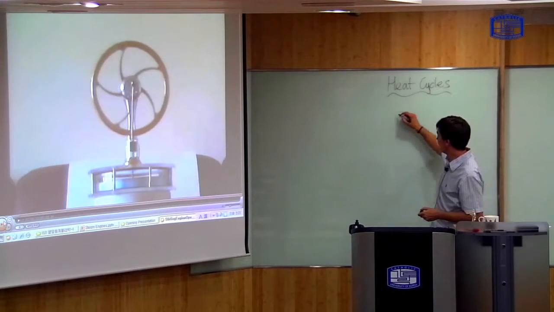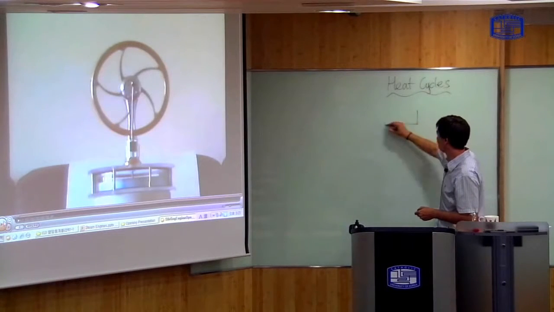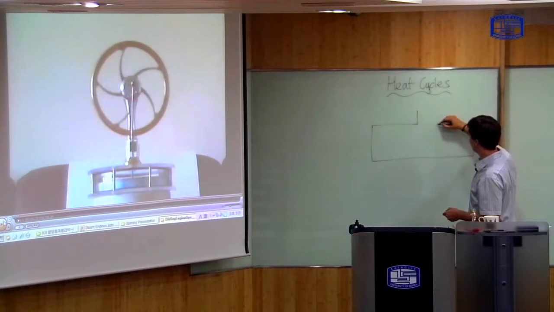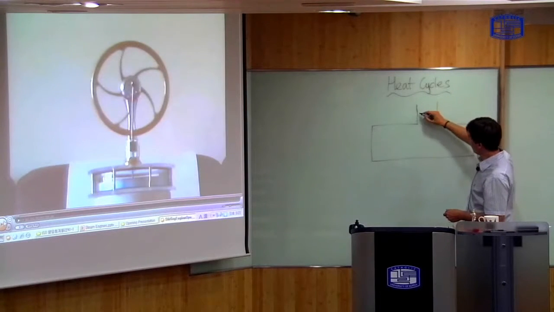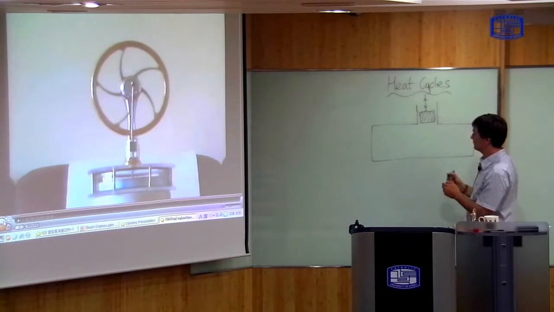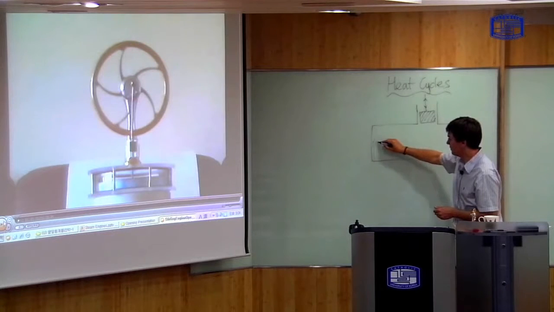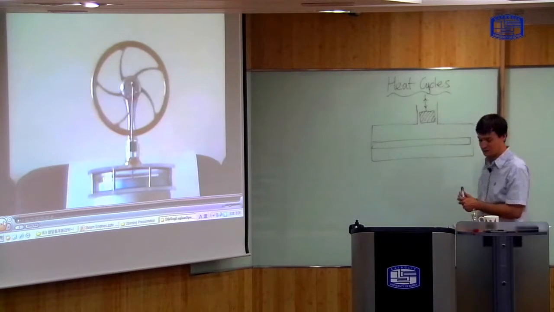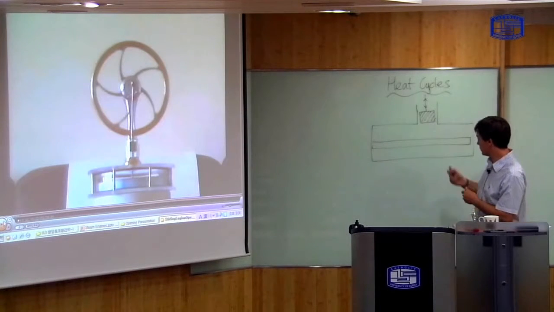So the Stirling engine, I can draw something like this. In here, you've got the drive piston, which is the black square, which moves up and down. And inside here, you've got the larger displacement piston, which is a big cylinder like this, which also moves up and down.